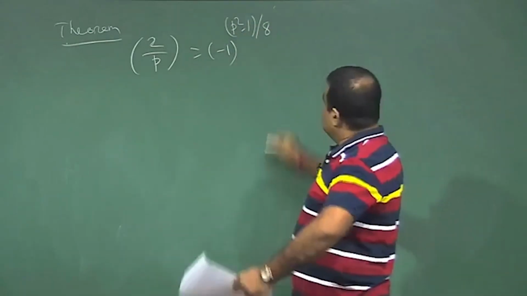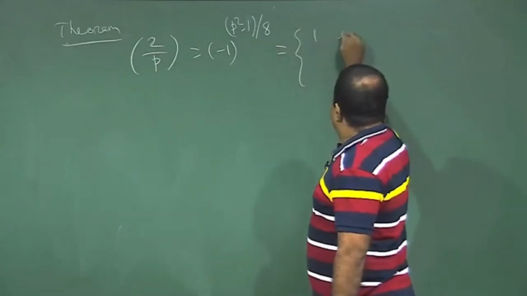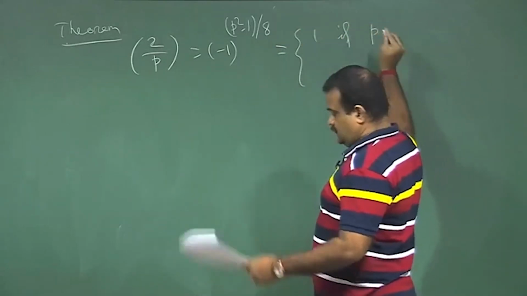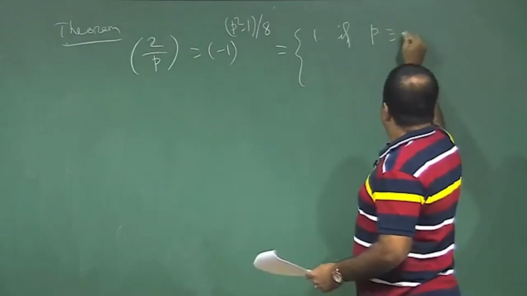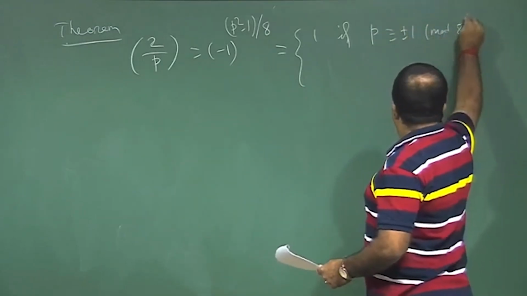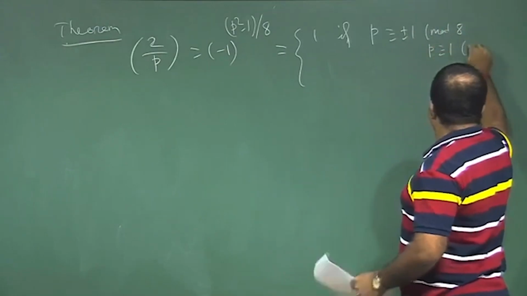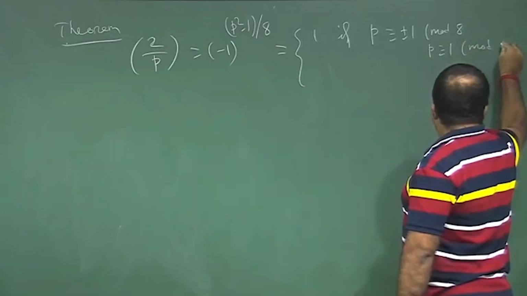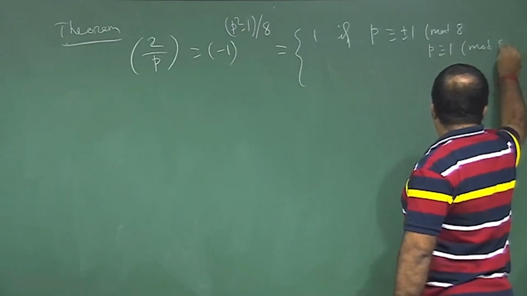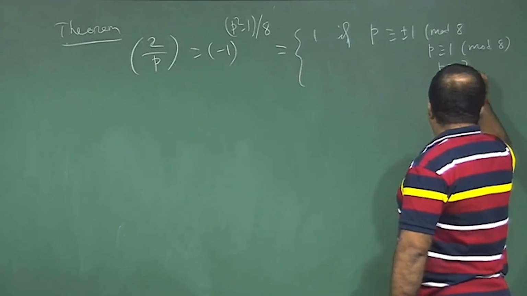And this is basically 1 if P is congruent to plus or minus 1 mod 8, that means P is congruent to 1 mod 8 or 7 mod 8, and it is minus 1 if P is congruent to plus or minus 3 mod 8.